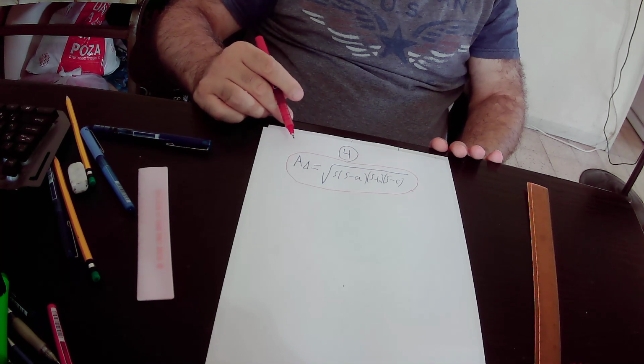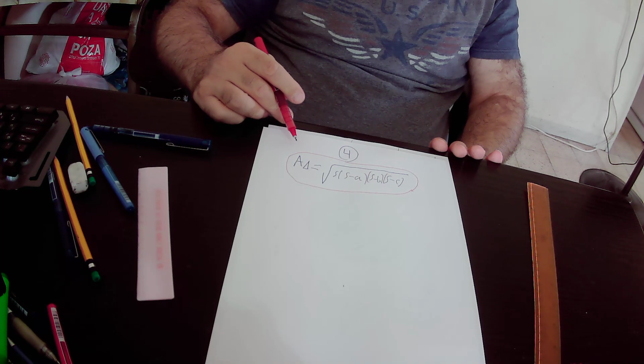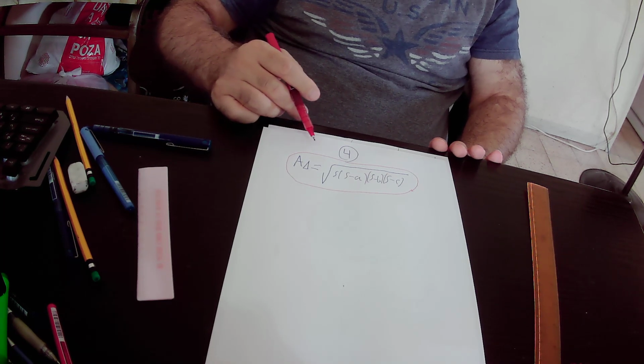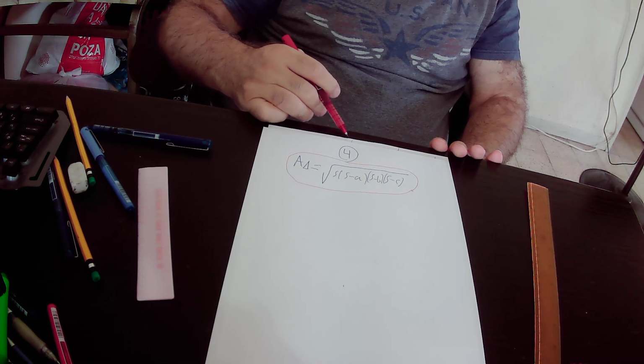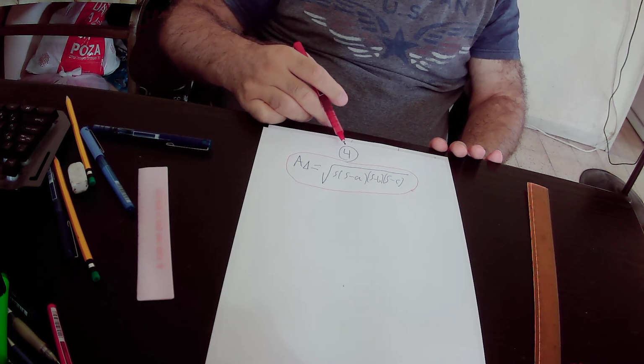So the area of any triangle can be calculated according to this formula, and we will calculate the area of our triangle ABC according to this formula.